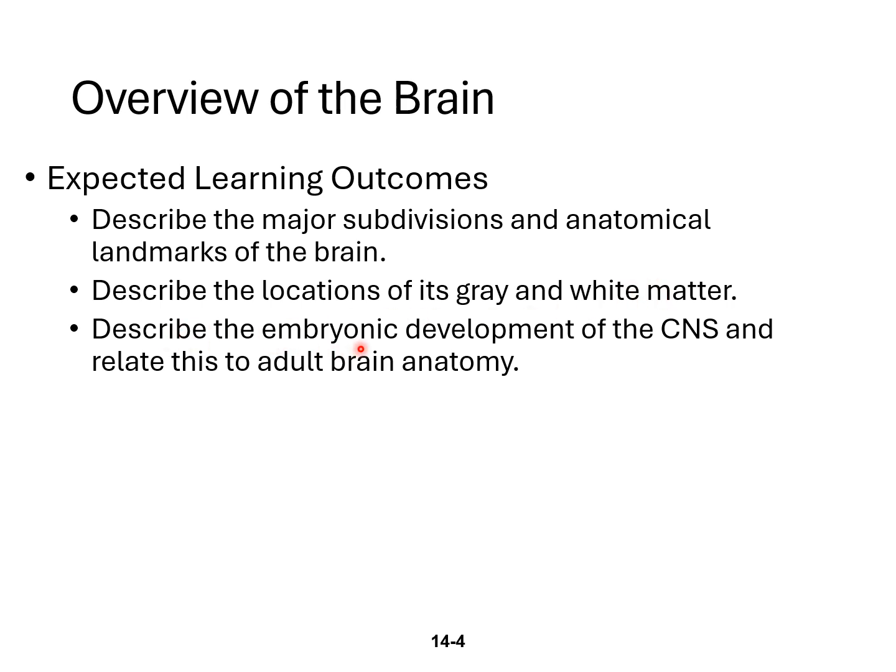We're going to quickly go over embryonic development of the central nervous system and how this relates to adult brain anatomy. Most students in this lecture are going to have difficulty with the embryonic development.